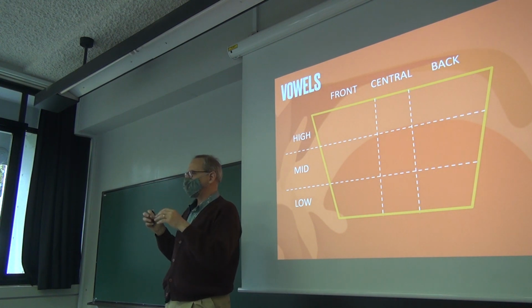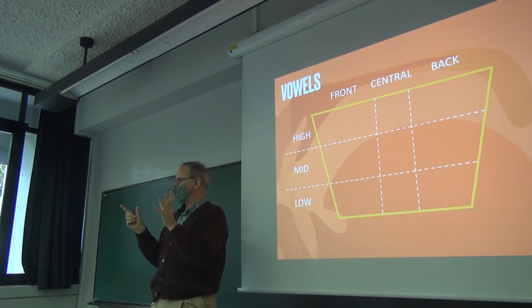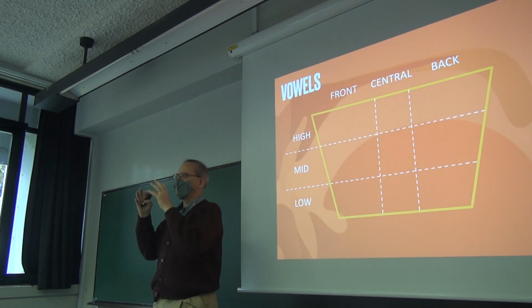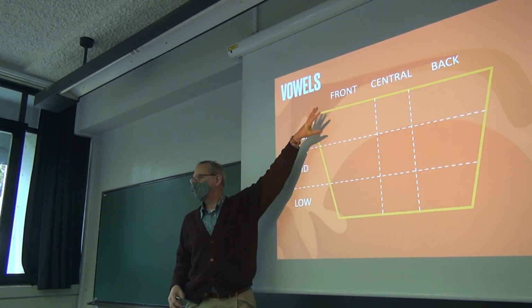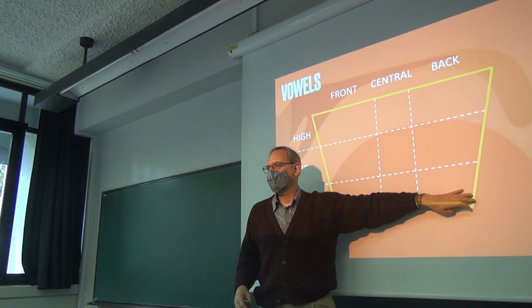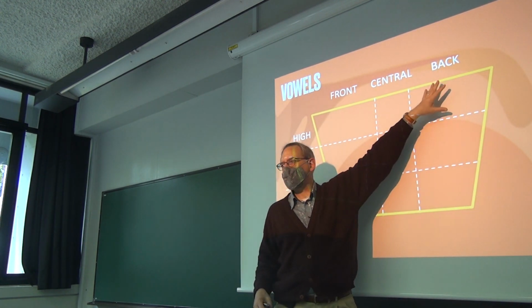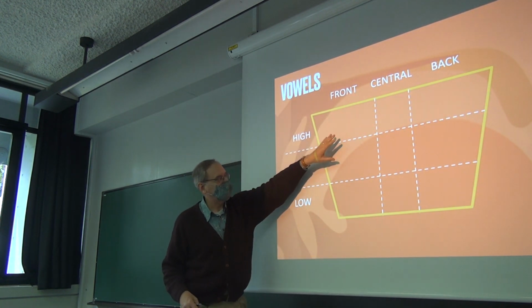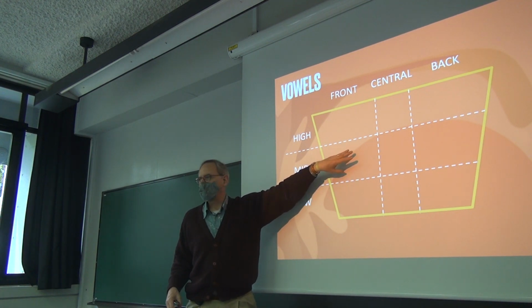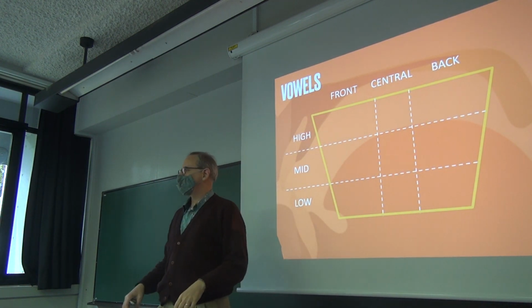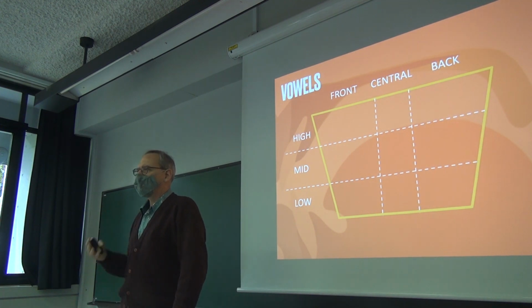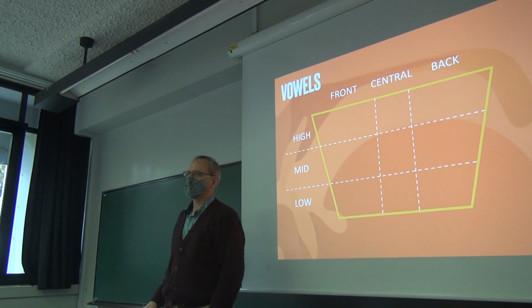So we're identifying a kind of zone or region or area in the mouth: a high front area, a low back area, a high back area, a mid front area. We refer to the different vowels by where the tongue moves to create those sounds.